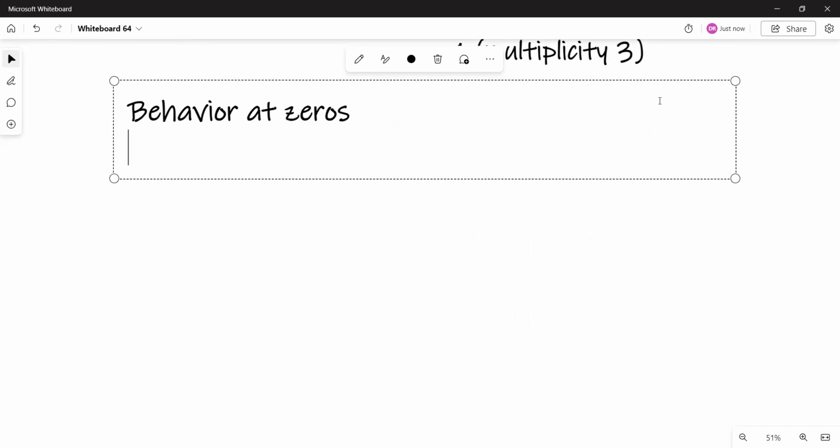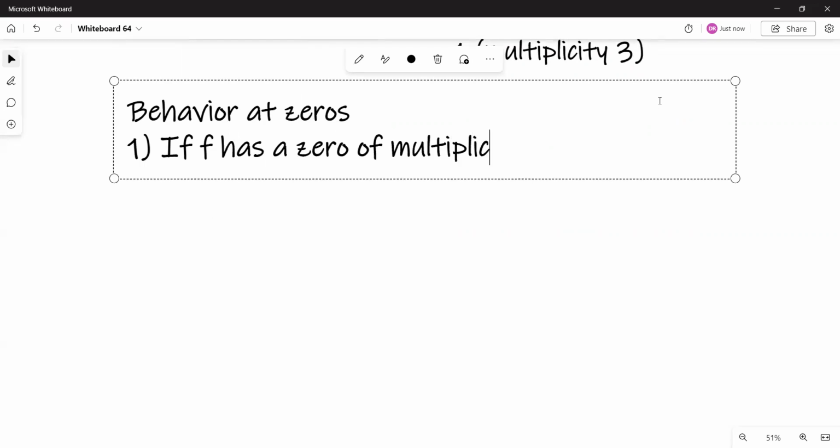So if the polynomial function has a zero of multiplicity 1, the graph crosses the x-axis.